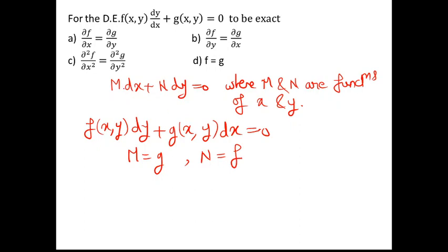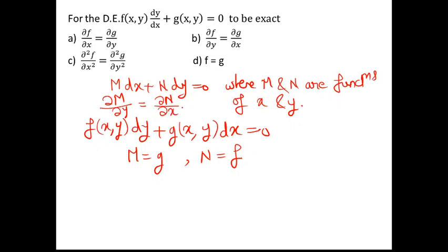And for this equation to be exact, the condition is what? Del M by del y. Remember here, M is the coefficient of dx, so it should be differentiated with respect to y, whereas N is differentiated with respect to the other variable, that is x.